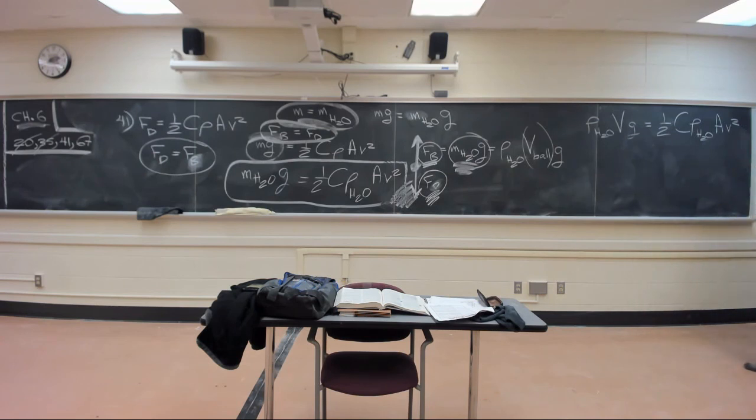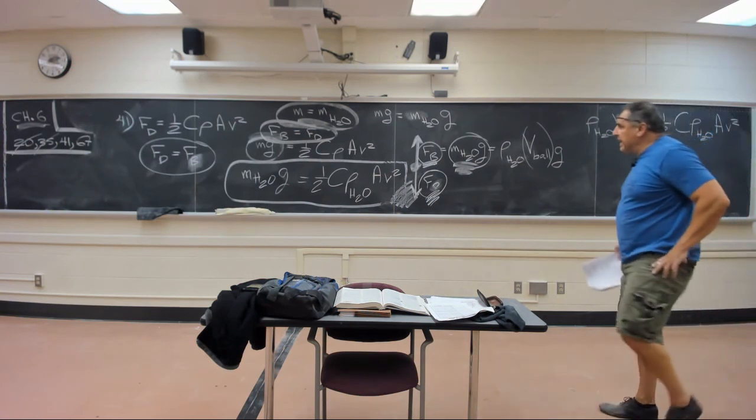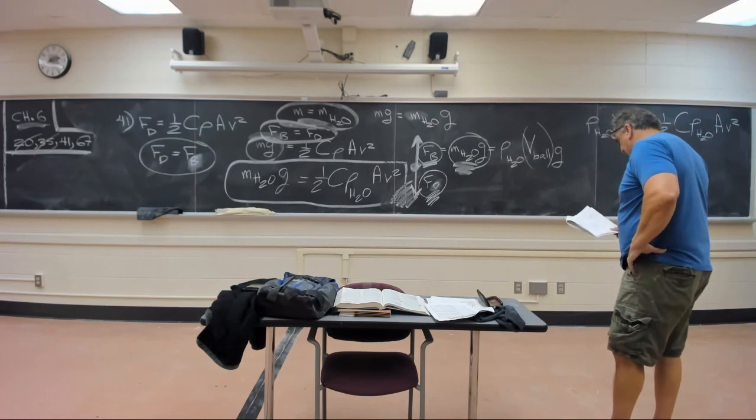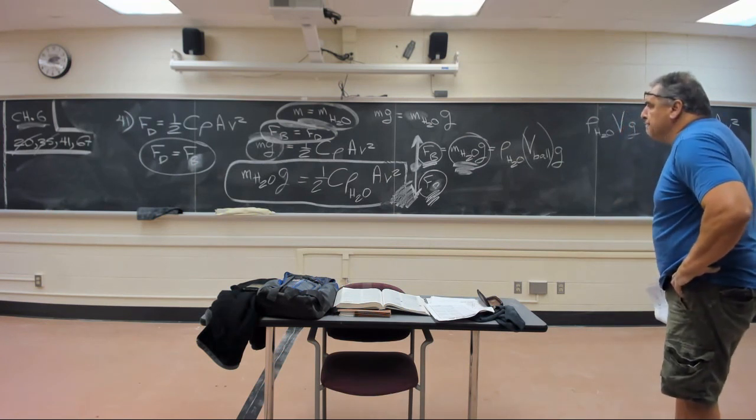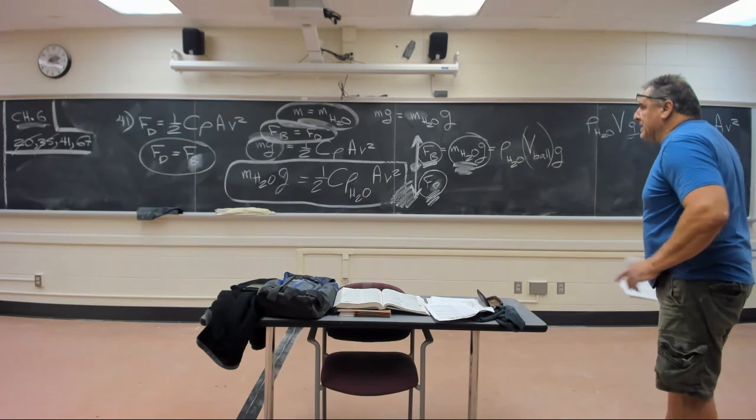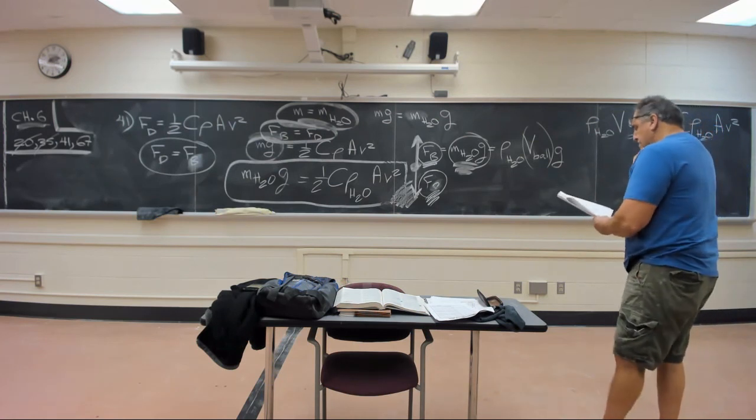The rho H2O gets out of there. Yeah, it's just something we're going to have to figure out, guys. I'm thinking the way they got it solved, I'm having a hard time believing it, to be honest with you. The drag force, force of gravity for terminal velocity, constant upward force.